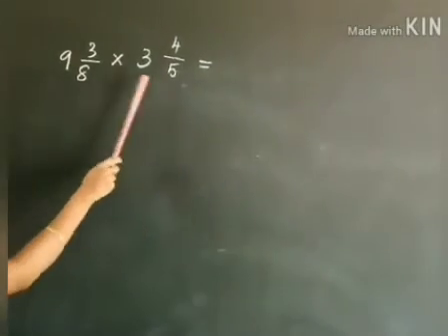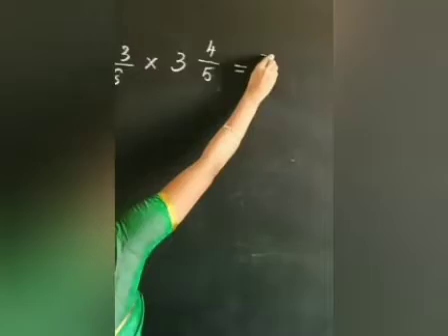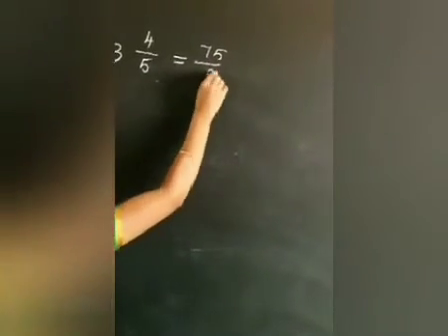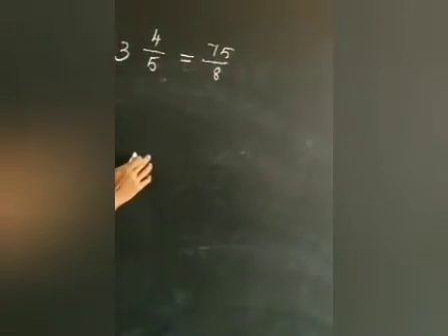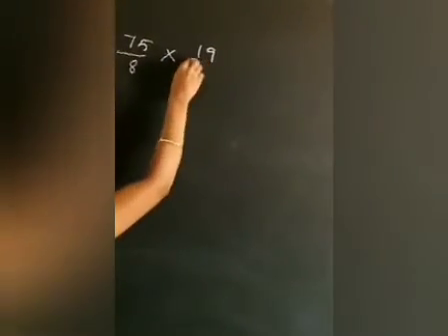So for the first mixed fraction we get the improper fraction 75 divided by 8, and for the second, 19 divided by 5.